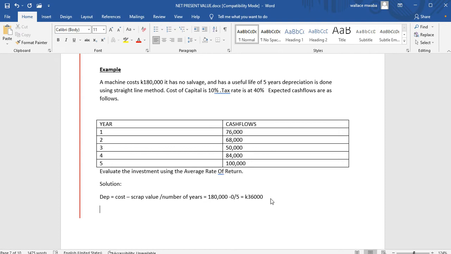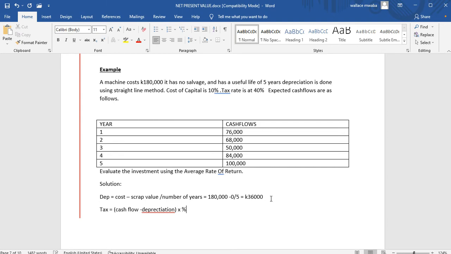If you remember, the formula to calculate the tax is tax equals cash flow minus depreciation, multiplied by the tax rate.